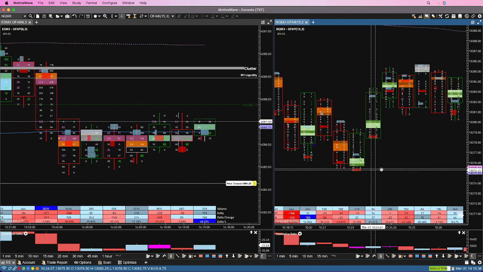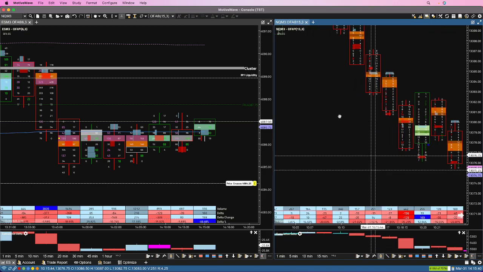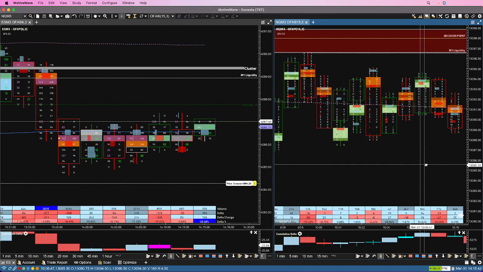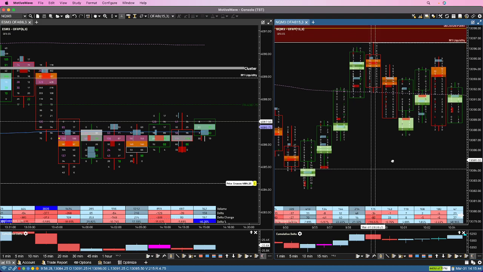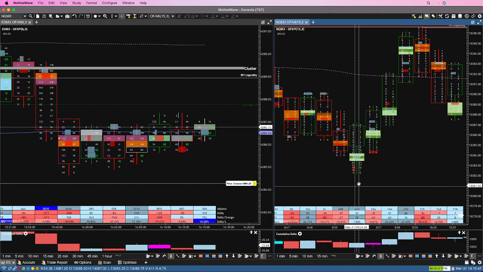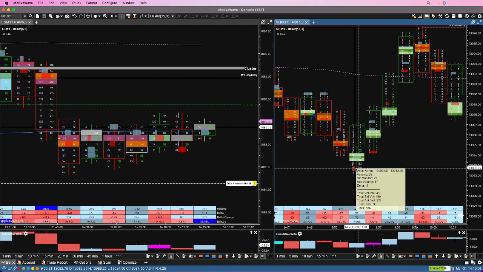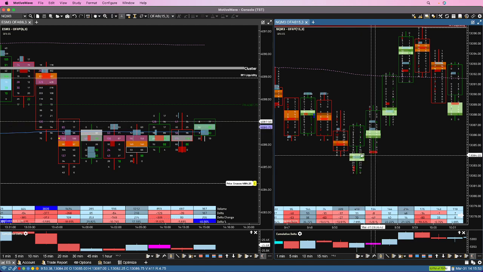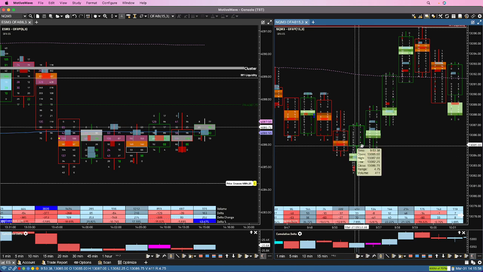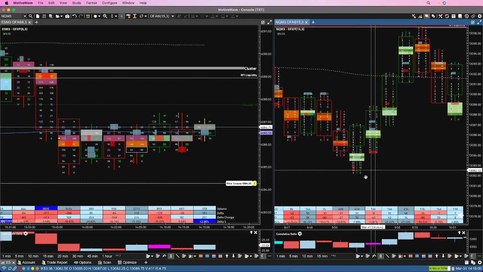Let me show you the last one. Yeah, this is, for example, okay, so we have trapped sellers, we have a strong bullish cluster, and look at the shape of the candle. Okay, so the classic pin bar that you learn from technical analysis and candlestick setups.